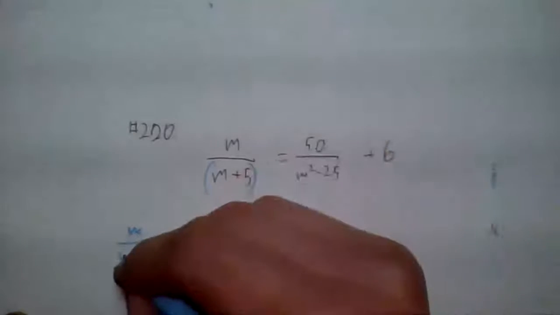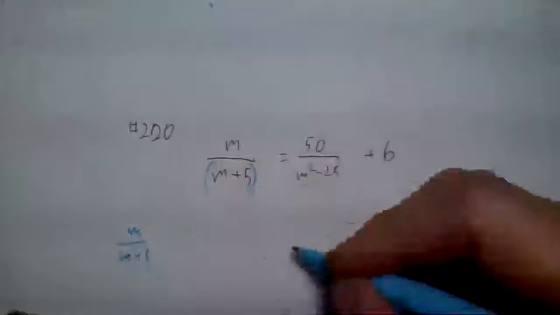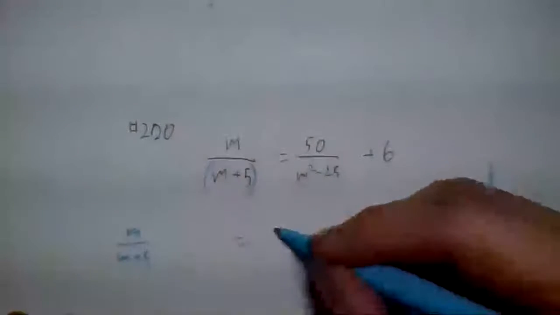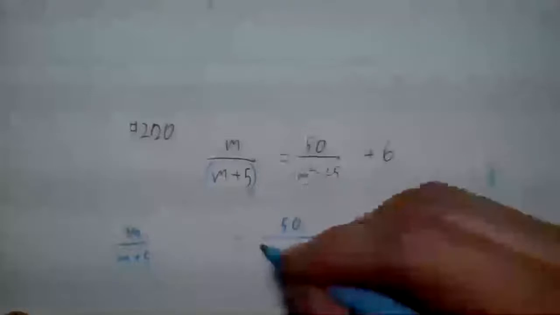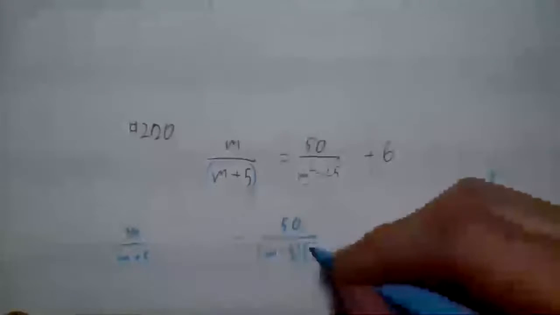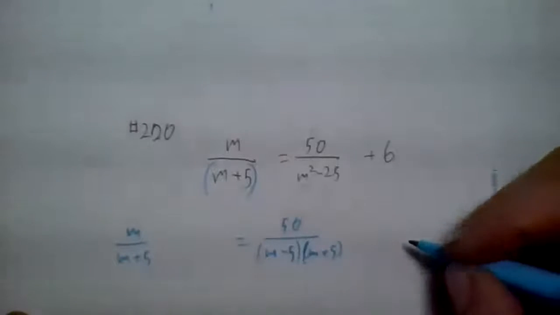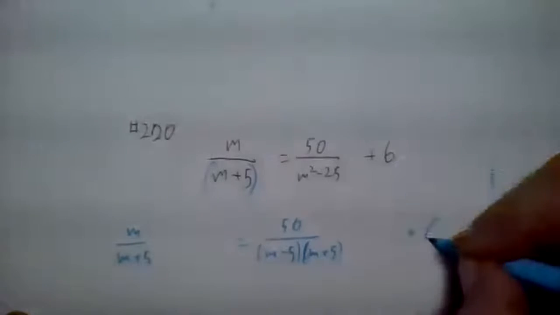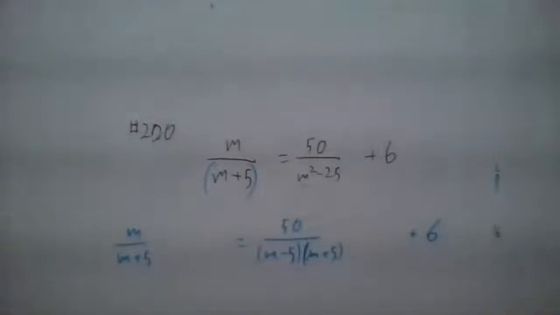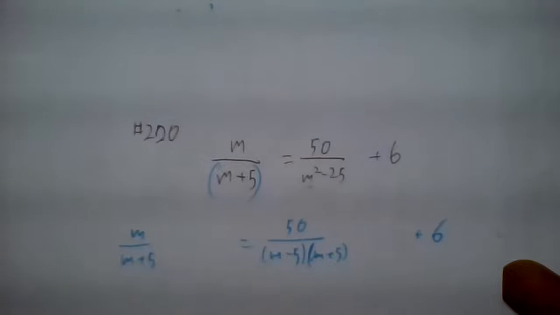Now m over m plus 5 equals, the factored form of this is m minus 5 times m plus 5. And I'm leaving some space and spreading this out because I know I need a common multiple to fit in there everywhere. So I just took the same equation, wrote it with the denominators in factored form and with some extra space around it so I can fit some stuff in.